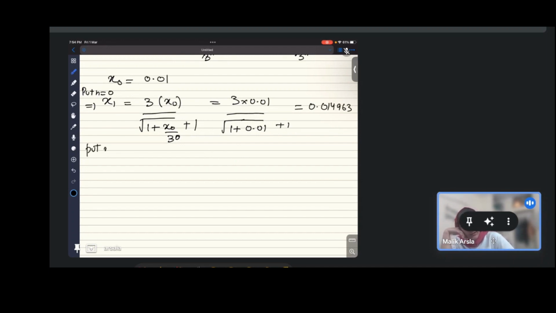Now, what is the value of x2? Because the question is asking for x3, so we have to calculate x2, then we have to calculate x3. Tell me the values you are getting. Calculated anyone?